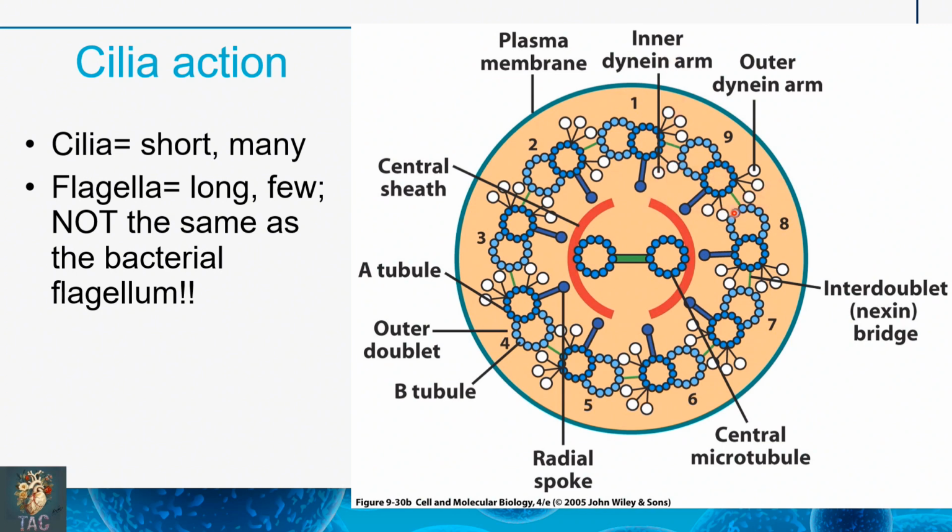These are the outer dynein arms, these are the inner dynein arms, and these are the interdoublet and nexin bridges, which attach the different doublets to each other. This one is the central sheath of the cilium, and this is the A tubule and the B tubule. Cilia are short and many, while the flagellum is long, usually one or a few, and not the same as the bacterial flagellum.